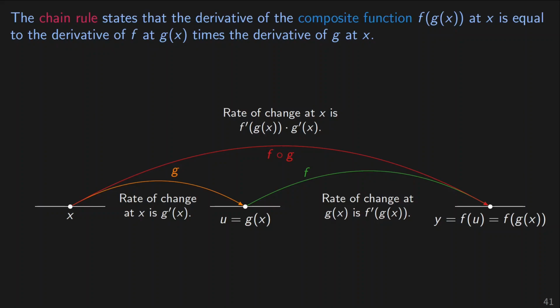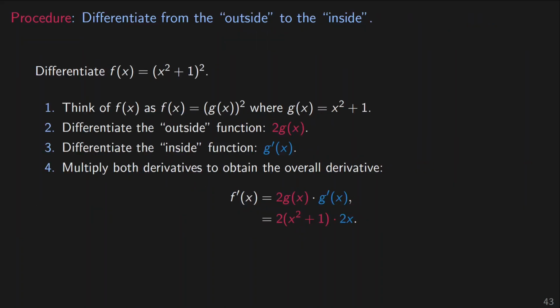Now let's look at a simple procedure so that you know how to apply this. The procedure goes as follows. You always differentiate this composite function from the outside to the inside. Right? So let's have a look at a very simple example. So let's say we want to differentiate f of x, and f of x is equal to x squared plus 1, this is a function, to the power 2.